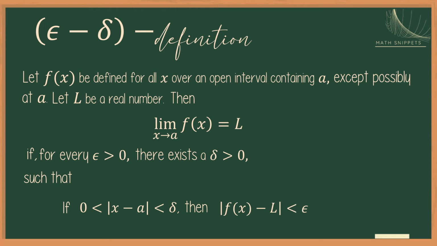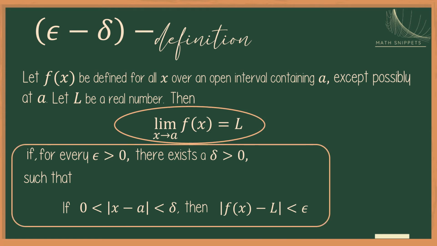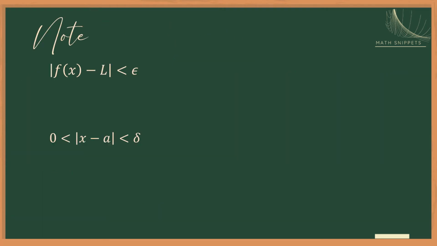Basically, the definition says that the limit of f of x as x approaches A is equal to L if this condition is satisfied. So let's look at these two inequalities, because these are the two major components that the condition needs to satisfy.